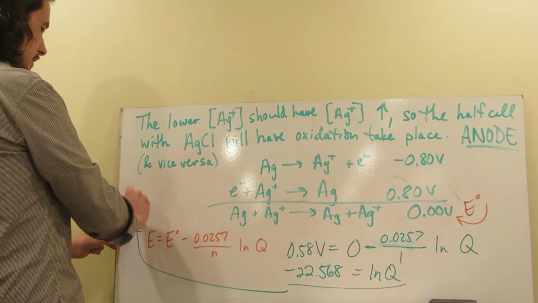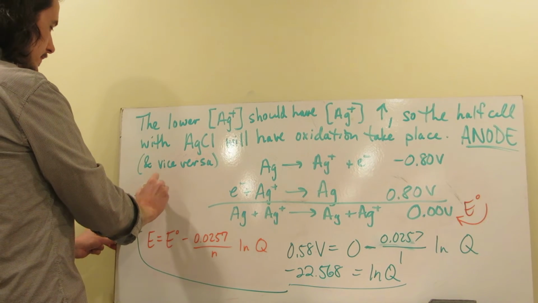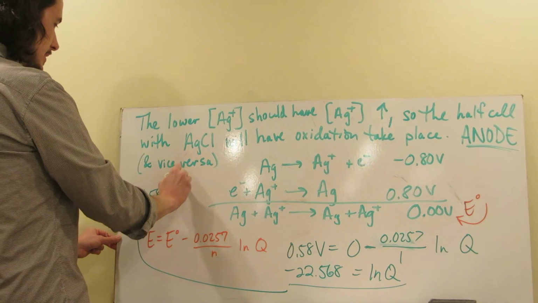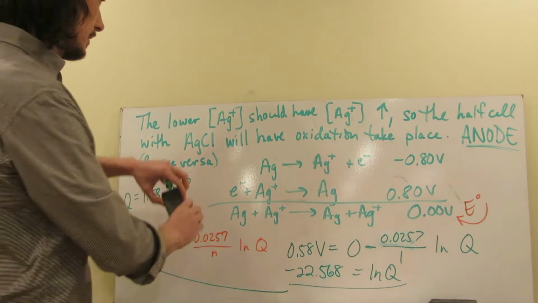So Q is going to end up equaling 1.58 times 10 to the negative 10th.